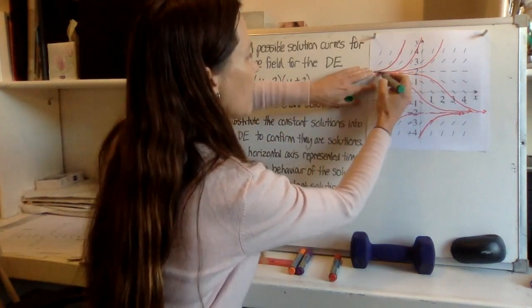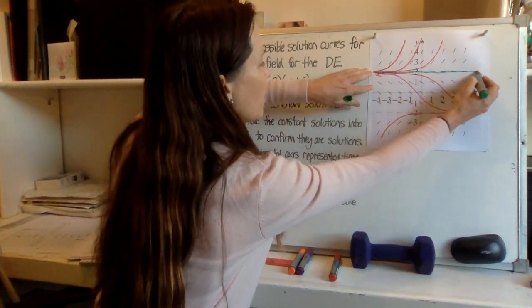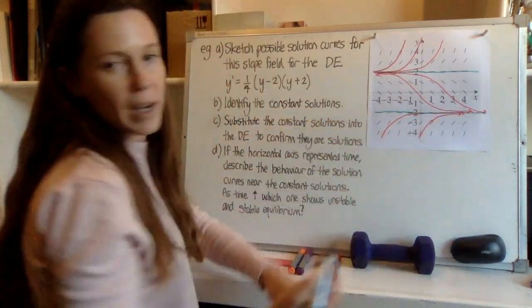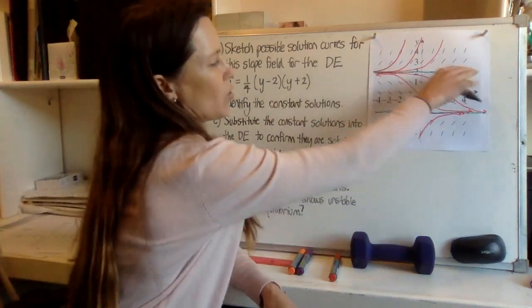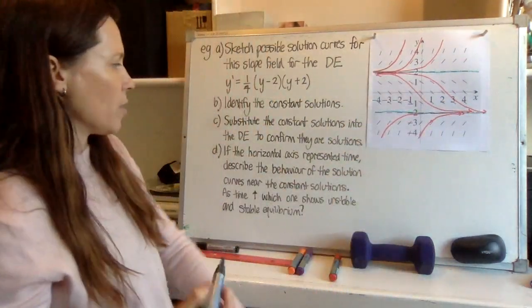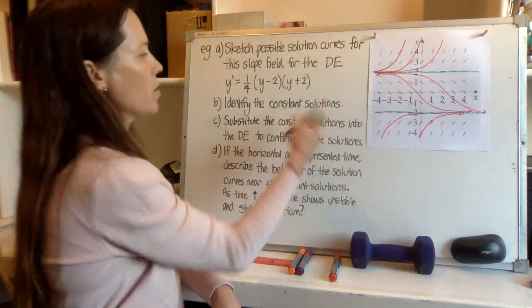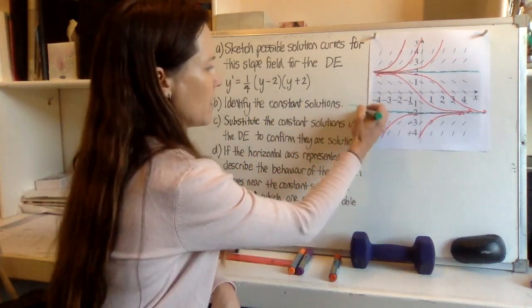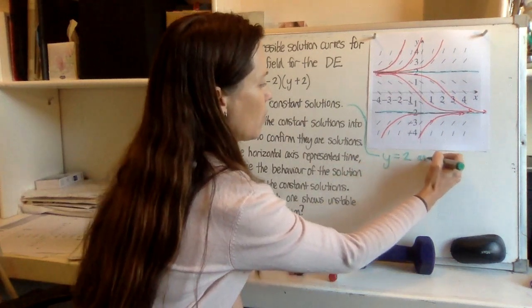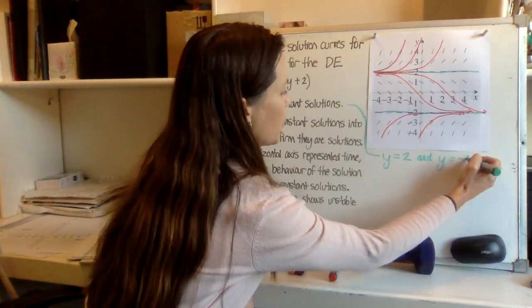Let's do that in green. This is also a solution curve, and so is this. Now, the ones that we did in red were the curvy ones, but there's clearly some straight lines that are also perfectly good solutions. They go straight through those gradients there. So the constant solutions would be in green. Let's call those y equals 2 and y equals -2.